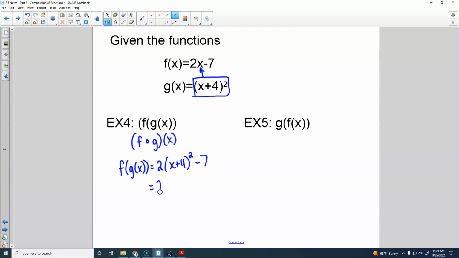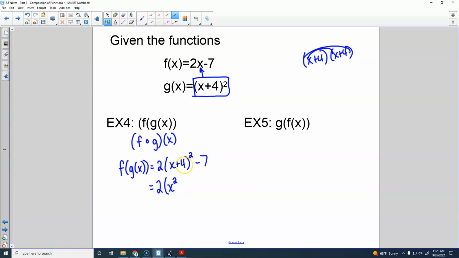You must, so if we're doing order of operations, we have to do exponents before we multiply. So you cannot distribute the 2 yet. You have to square x plus 4 squared. You can write it twice if you would like, over to the side, x plus 4 times x plus 4. Distribute there. Shortcut, square.